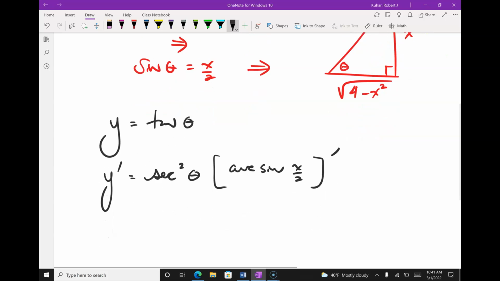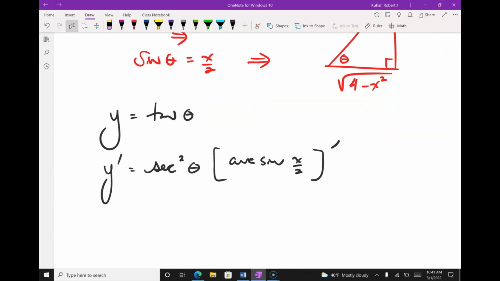Okay, so let's work on our derivative here. What's u? What's the inside of the arcsine? x over 2. What's u prime? 1 over 2, yes. And what's u squared? x squared over 4.